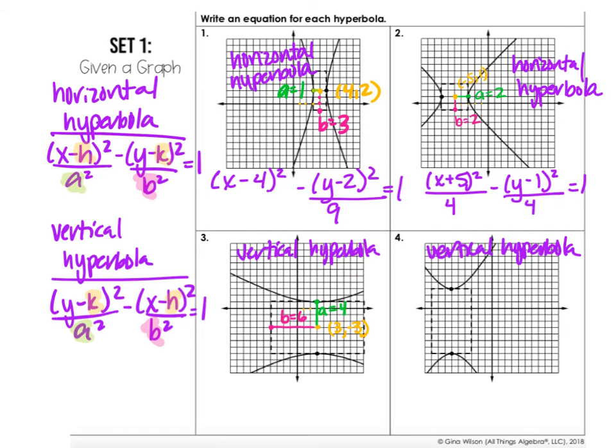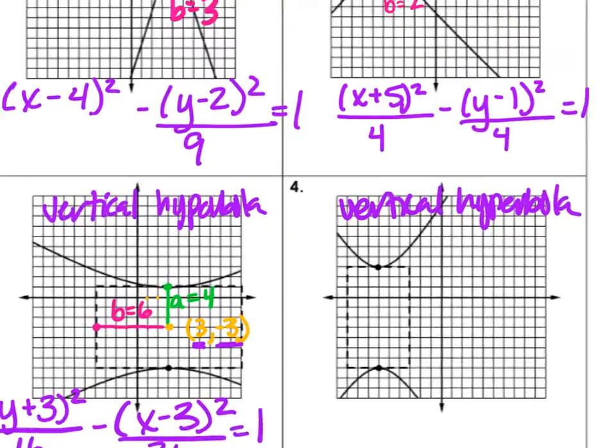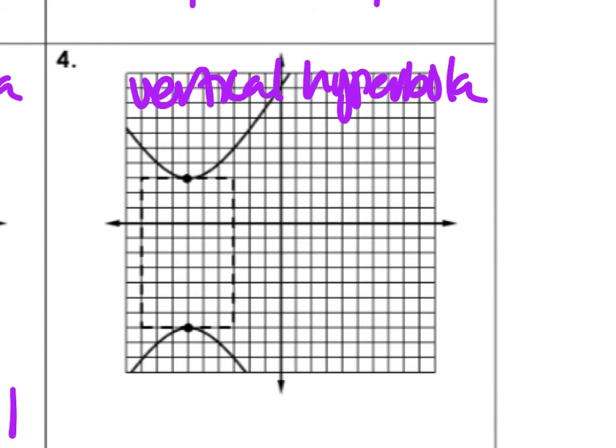So we have y minus k, so that's going to be the -3, so y minus -3 is y plus 3, squared over a squared, so 4 squared is 16, minus x minus h, which would be 3, squared over b squared, which would be 6 squared, 36, equals 1. And then we'll do the same thing for question 4.